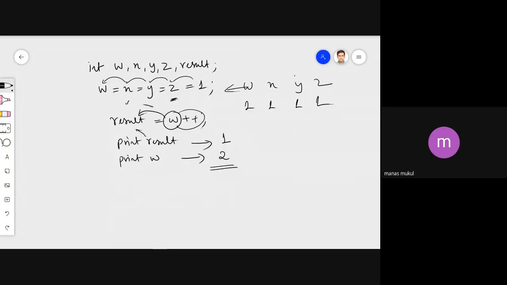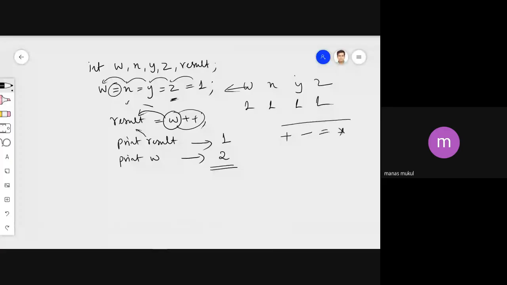Okay, now there are some more operators. The operators that you see here, plus, minus, equal to, multiplication, were all called arithmetic operators because they are used to do arithmetic.